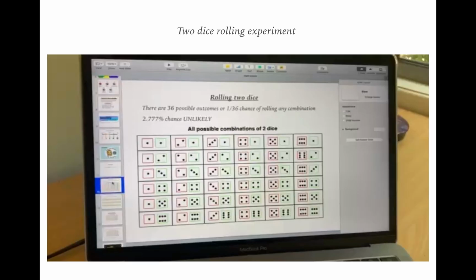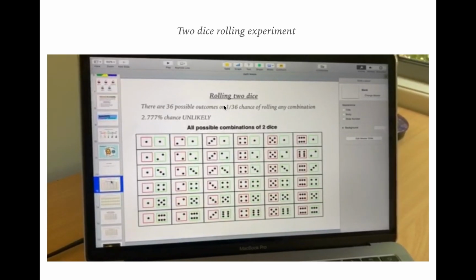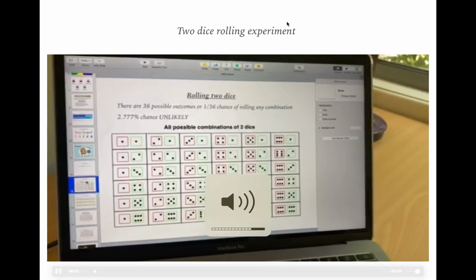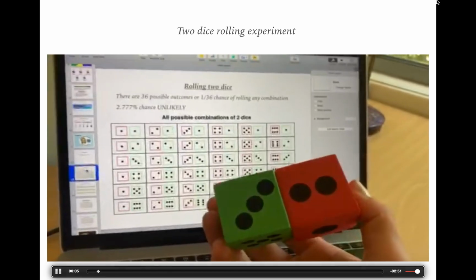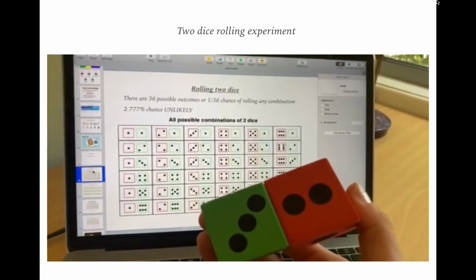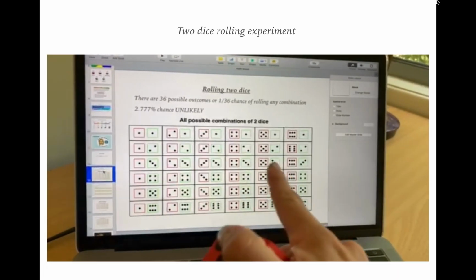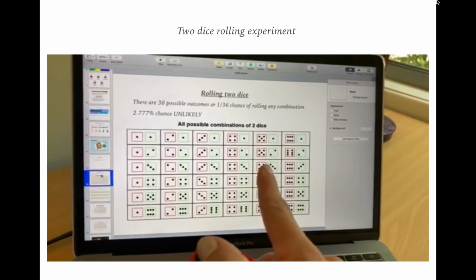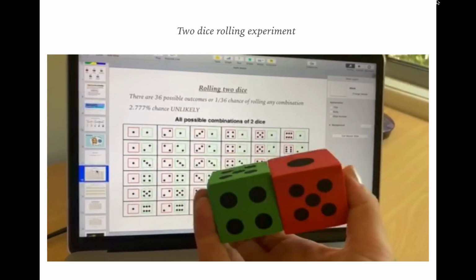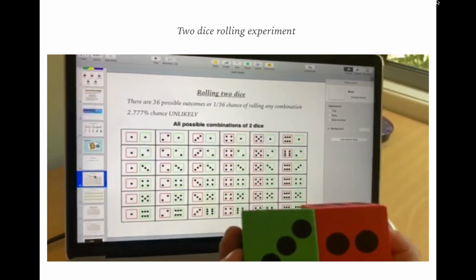Now let's have a look at the experiment that I did at home. And how did I do? You can also try this at home if you have 2 dice. Alright guys, so I'm going to do this experiment of rolling 2 dice. I have 2 dice at home, red and green, and as you can see there are 36 different combinations when you roll 2 dice.